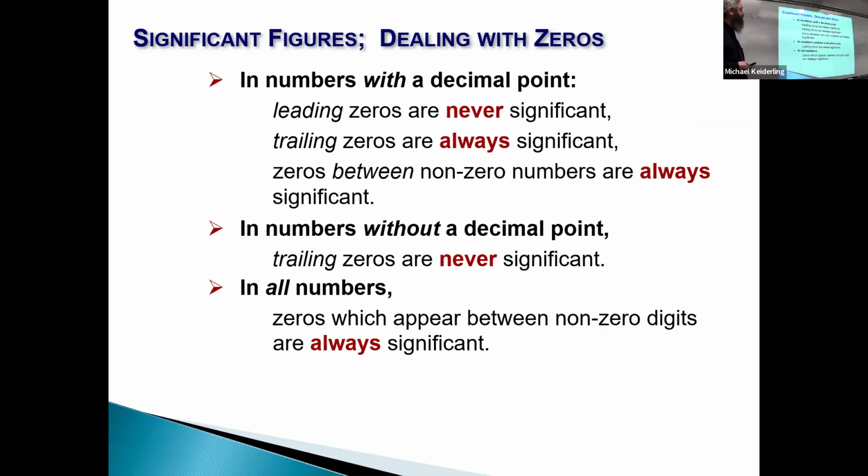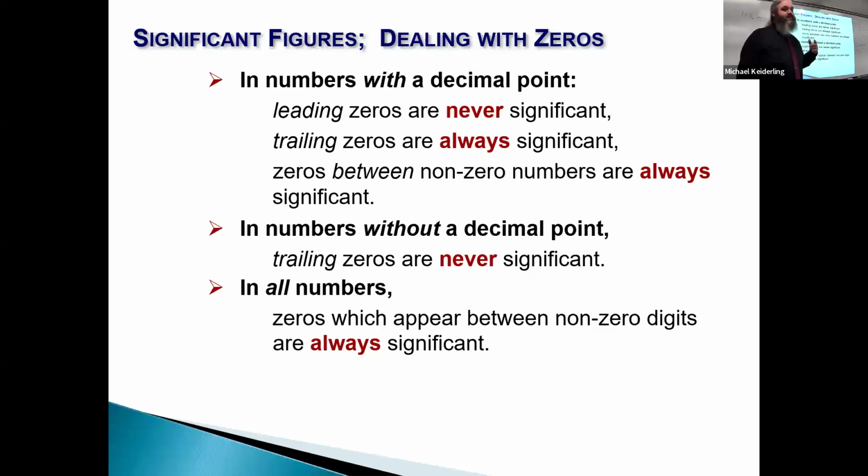So again, quick review of the rules. If there is a decimal point, leading zeros don't count, trailing zeros do count. And zeros between non-zeros are significant. Without a decimal point, trailing zeros don't count. So the thing that makes trailing zeros count is the decimal point.